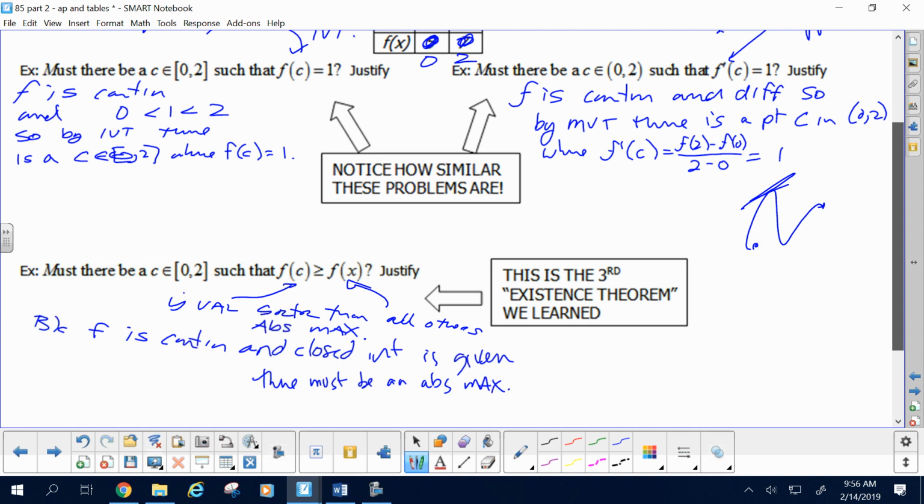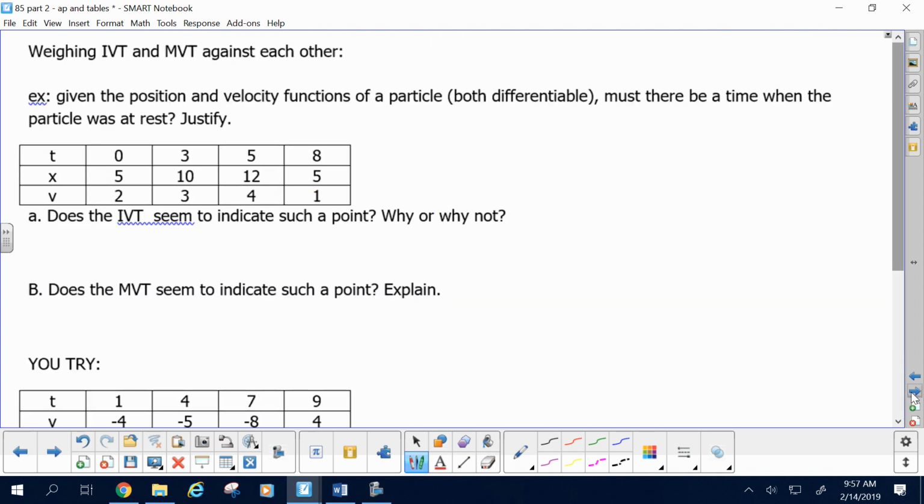That's pretty common on a multiple choice, but they don't actually have you write the EVT very much. Okay, that's the extreme value theorem. Our book calls it the critical number theorem, which I've never seen in any other textbook. Most textbooks call it the extreme value theorem.